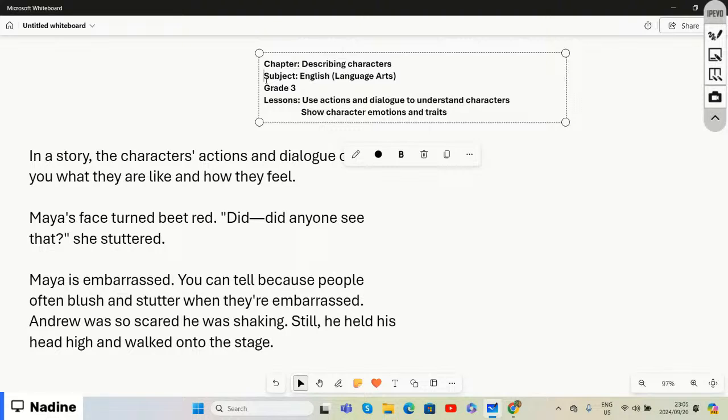We're doing grade 3. And the lessons that we are focusing on under describing characters is to use actions and dialogues to understand characters and to show character emotions and traits.